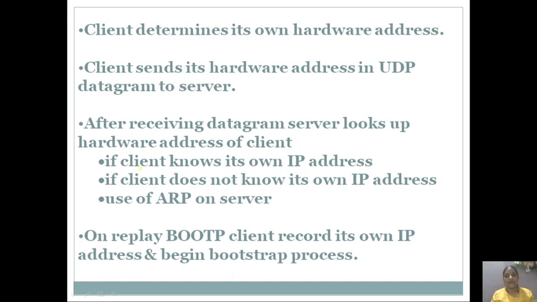Here there are two main possibilities: the client knows its own IP address, or it does not know its IP address. The server uses the ARP protocol. And on reply, the Bootstrap client records its own IP address and the Bootstrap process continues.